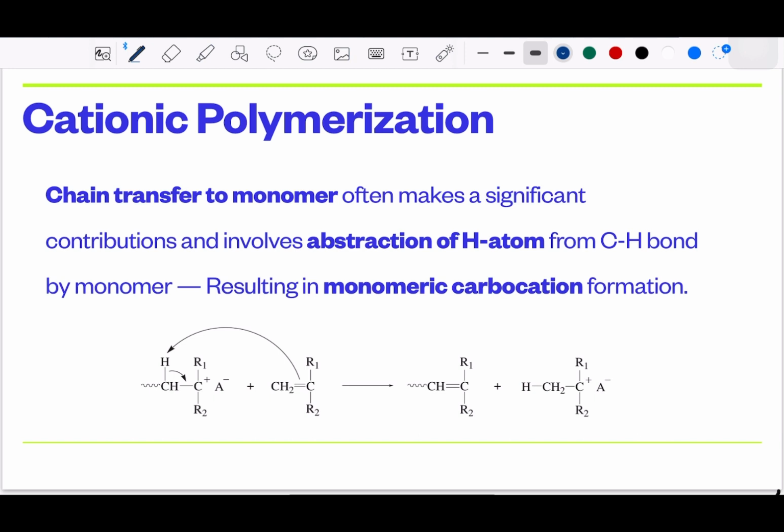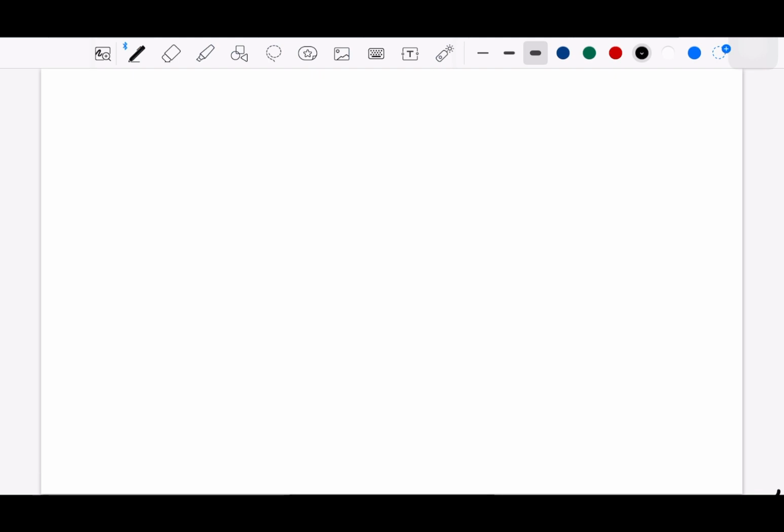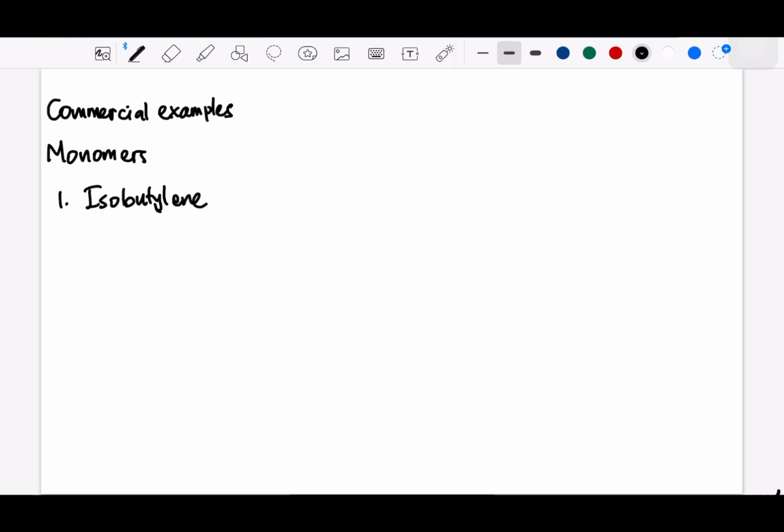I forgot to take some examples for monomers. Let me make a table for you. One of the commercial examples: this initiator is BF3 with H2O.